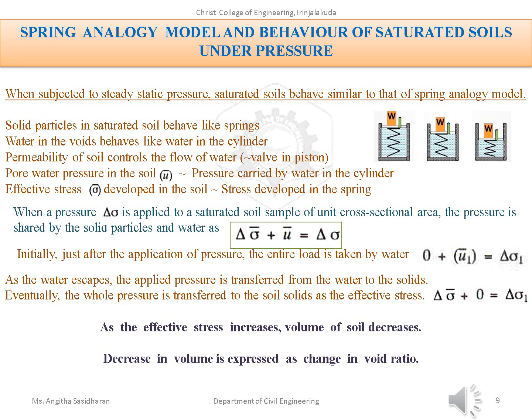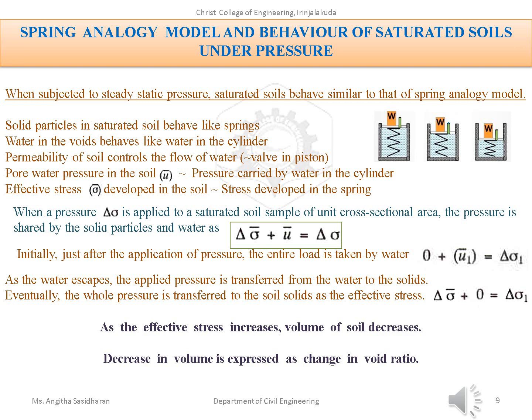Then the pore water pressure in the soil can be compared to the pressure carried by water in the cylinder. And the effective stress developed in soil is the same as the stress developed in the spring. So that's how we can compare the behavior of saturated soil under pressure with the spring analogy model.